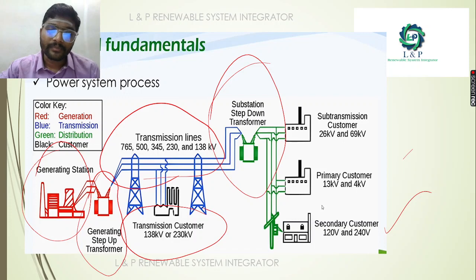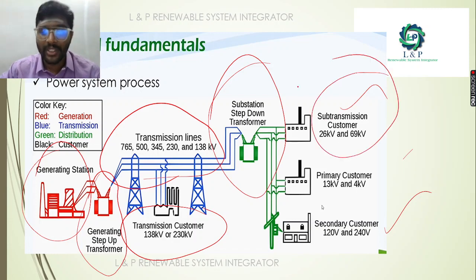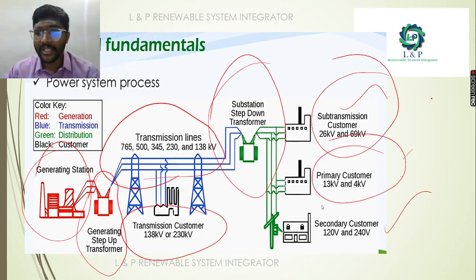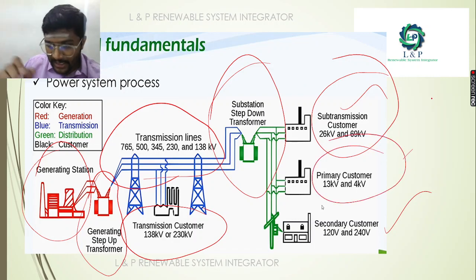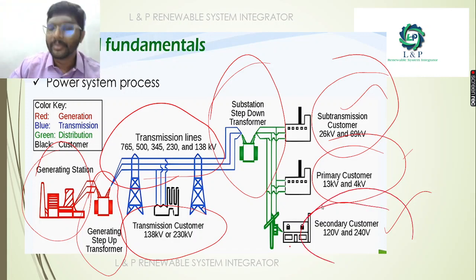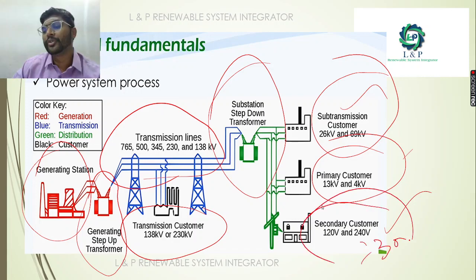So we have three different customers. The sub-transmission customers use 26 kilovolt and 16 kilovolt, so from the step down we provide the required voltage to them. For the primary customers, 13 kilovolt or 4 kilovolt we provide to the industries. And our normal customers, ourselves, use either 230 volt or 240 volt.